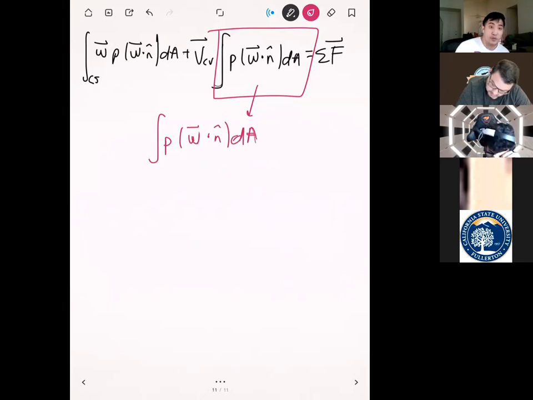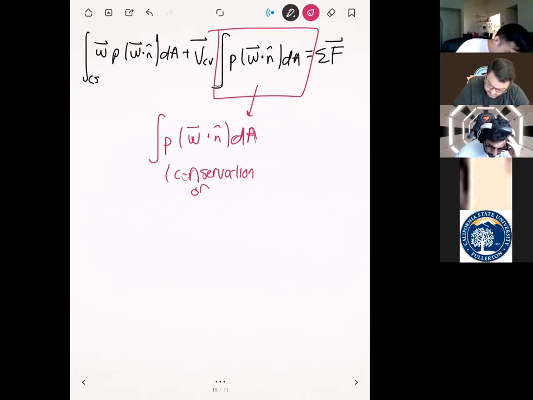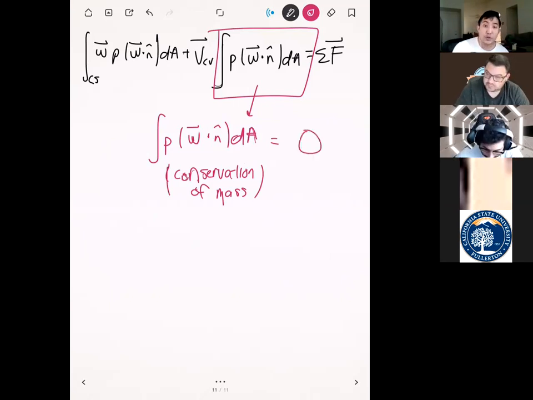This should look familiar because this is basically our inflow-outflow term without the velocity. And so this is actually our inflow-outflow term from conservation of mass. We can set this term equal to 0 because we know that we're in a steady situation.